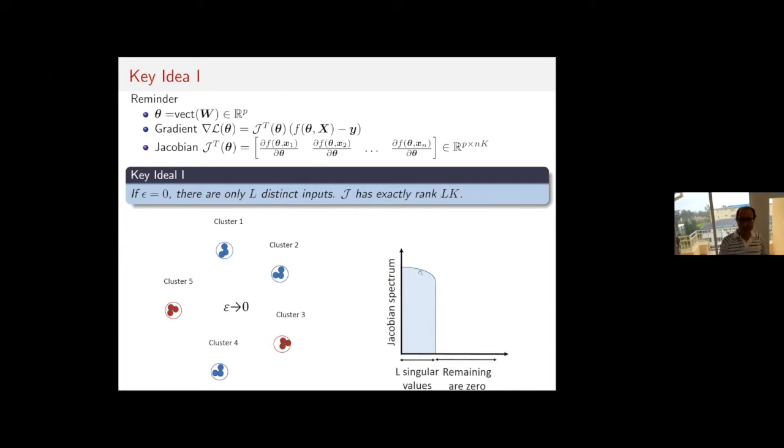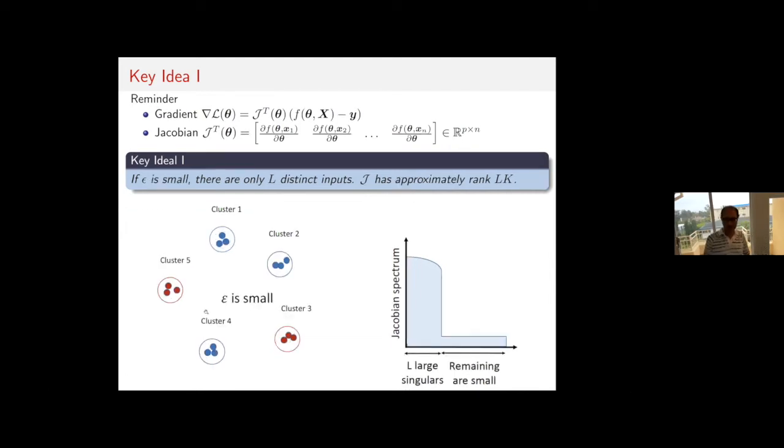So that's the key intuition: this Jacobian is low rank. Of course, if it's not perfectly clustered, it's still approximately low rank, right? If you have some noise around these cluster centers, it's still approximately low rank. So that's key idea number one.